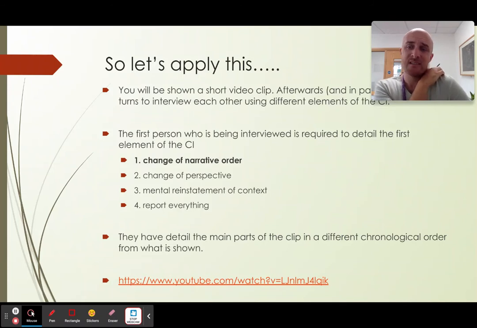The first thing that's done is to see if you can change the narrative, the order of what the witness saw. So let's just say that you're with a witness who saw a person get hit by a car, and then the car drove off. The police officer would say, okay, I would like you to tell me what you can remember, but in backwards chronological order.